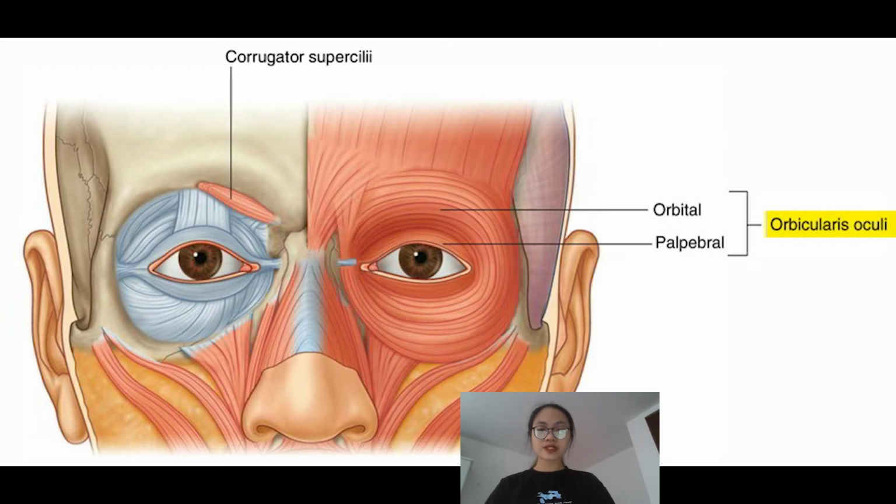There is one muscle that encircles the orbit. The muscle that encircles the orbit is the orbicularis oculi muscle. The orbicularis oculi muscle originates from the frontal bone, lacrimal bone, and medial palpebral ligament. The orbicularis oculi muscle inserts into the lateral palpebral raphe.